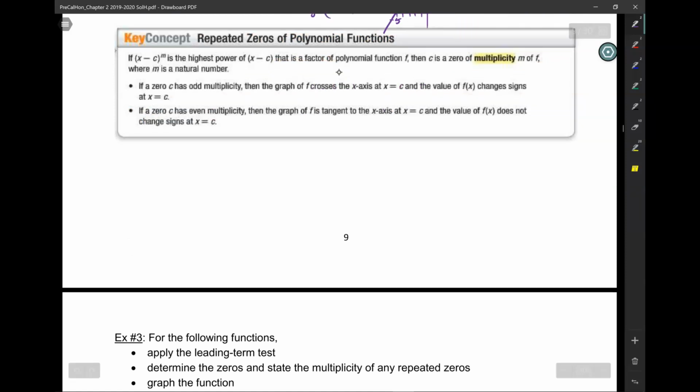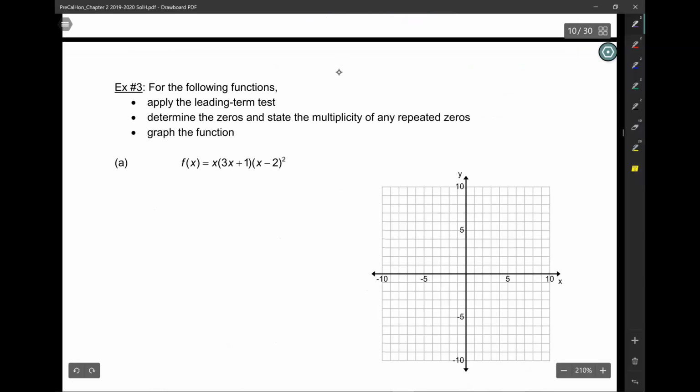All right, let's move on here. Here we're going to try to graph some of these functions without a calculator, based on the leading term test, multiplicities, zeros, and all that good stuff.